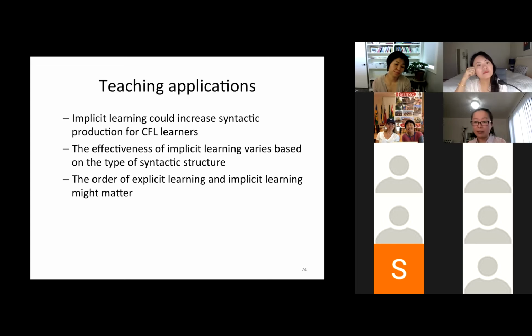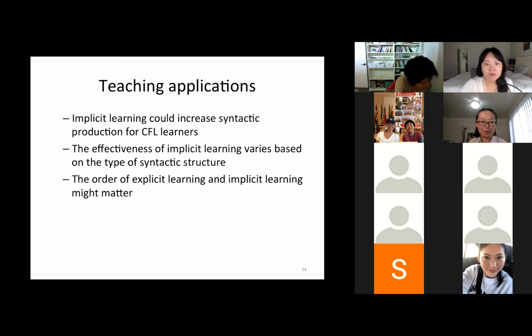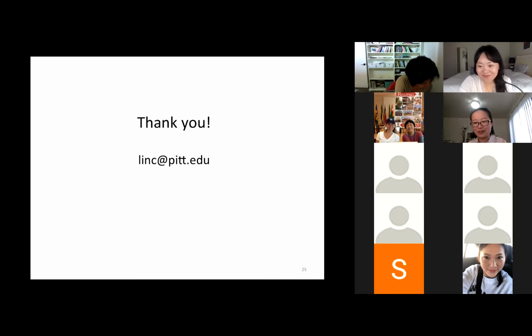We are not sure whether the results would change if participants learned the syntactic structure implicitly first. That's this project, and thank you very much. If you have any questions, please let me know.